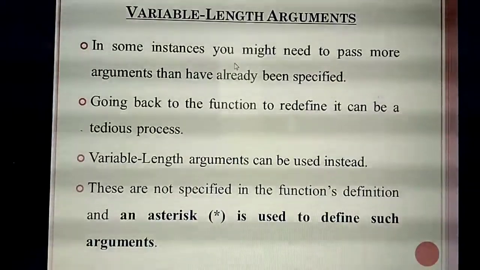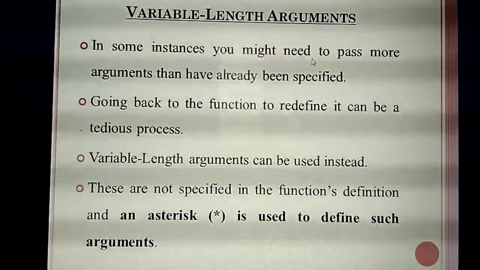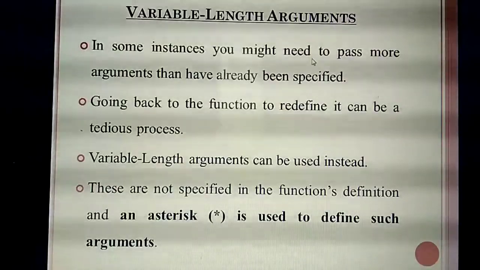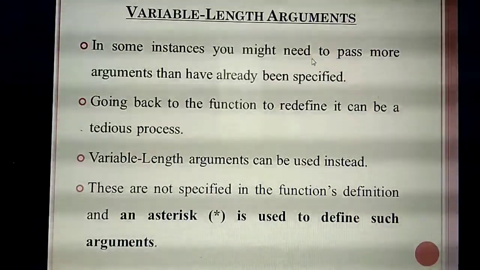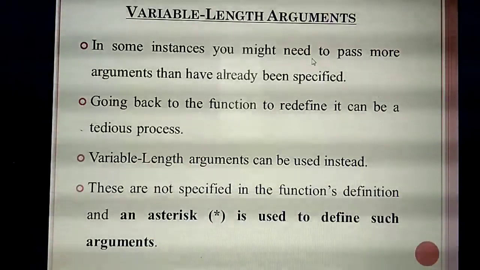Variable length argument means in some places you need to pass more arguments to the function. Already we have studied two arguments: name, comma, age, and name, comma, salary. In some situations, you need to pass more than 3, 4, or 5 arguments.